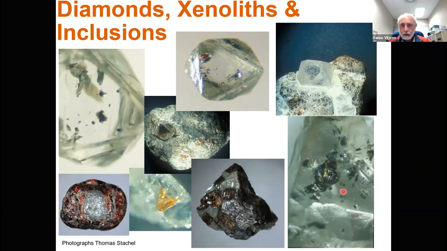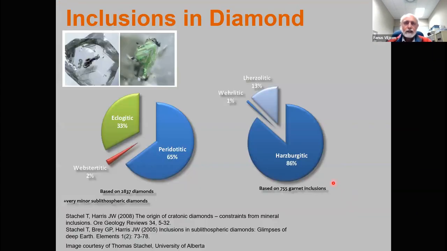And over here we have a diamond with a sulfide inclusion in it. Now, these sulfides in diamonds are quite interesting because we can distinguish peridotitic sulfides, which have high nickel, and we can also distinguish eclogitic sulfides, which have low nickel. Hence, we have peridotitic diamonds with sulfide, and we have eclogitic diamonds with sulfide. Much of this diamond research has now resulted in a significant database.